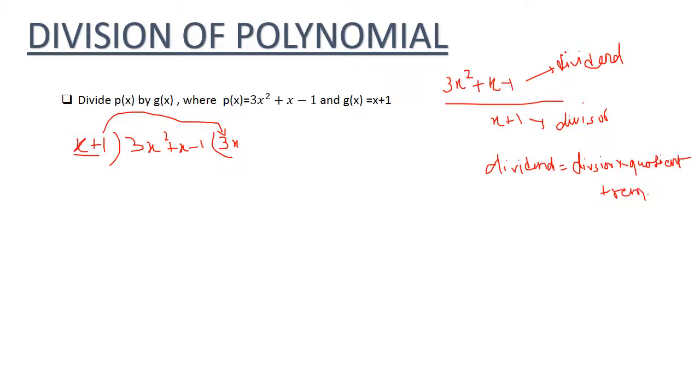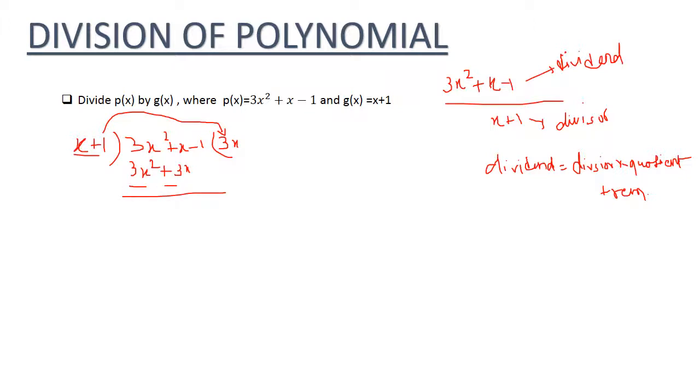So after multiplying x plus 1 with 3x, we get the value 3x square, and multiplying 1 with 3x, plus 3x. Now in general division, we have to subtract this value from this value. So subtract it.